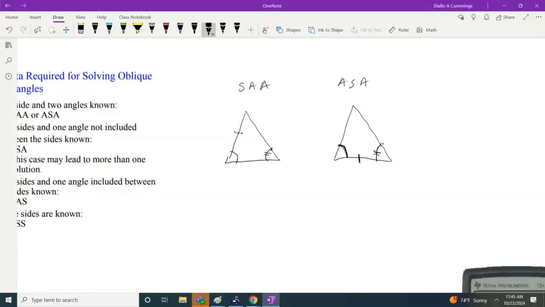And between those two angle measures, you're given an included side measurement. So if you're given an angle side angle set of data, you can use the law of sines. So here's what I mean by that.